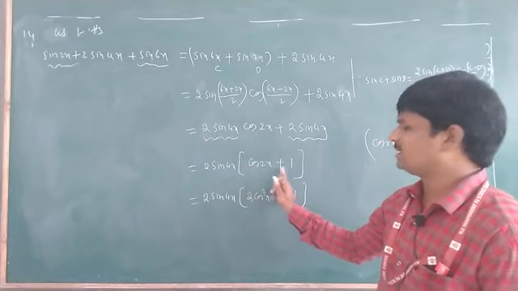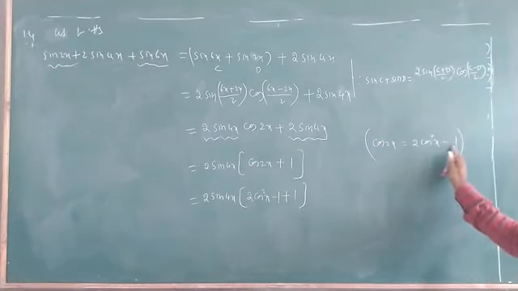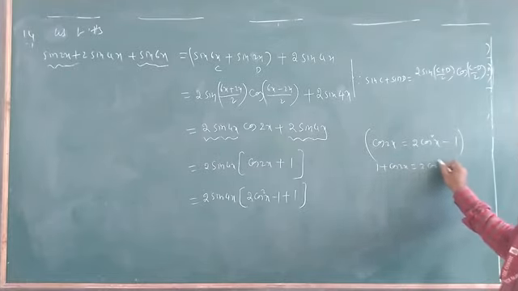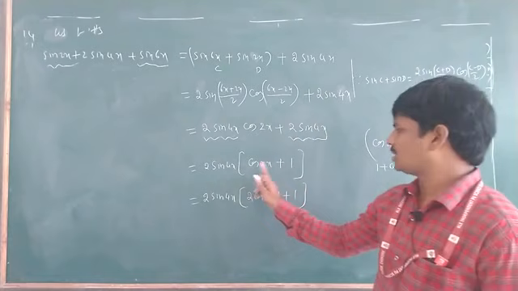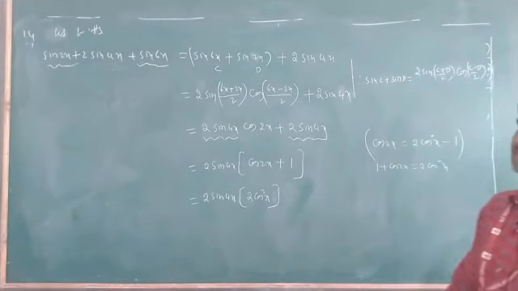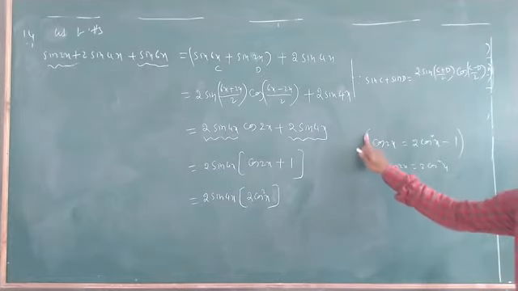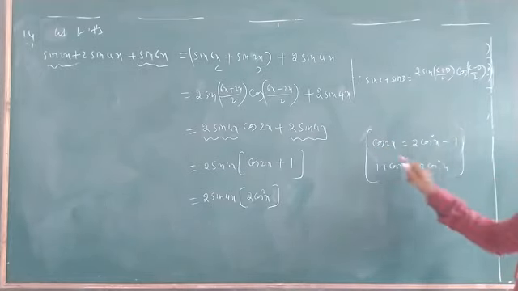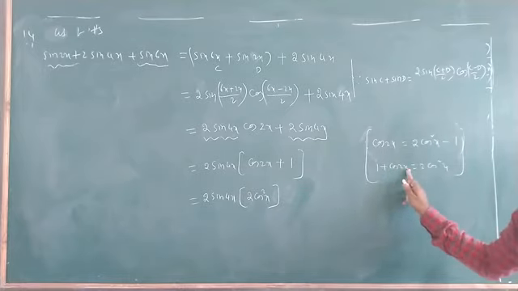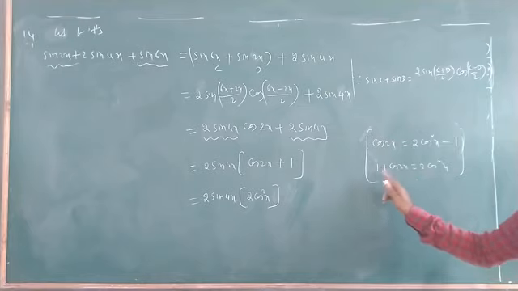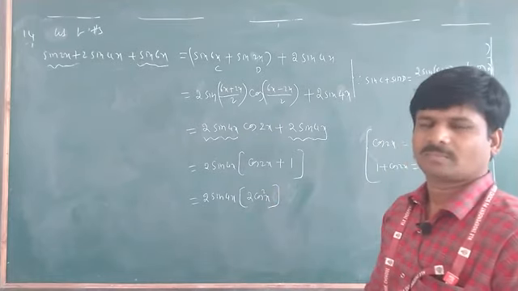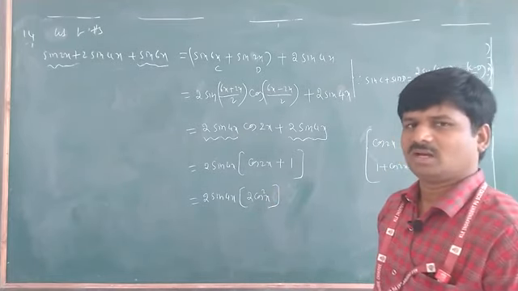Or else we can write cos 2x plus 1 directly. Transfer the minus 1 to this side: 1 plus cos 2x equals 2 cos square x. So the formula for 1 plus cos 2x is 2 cos square x. Understand? Yes.